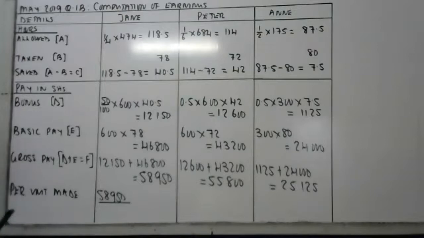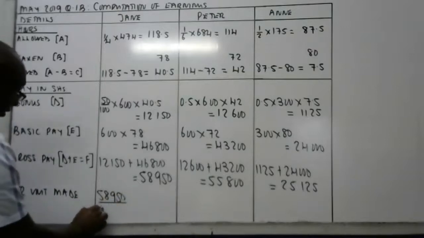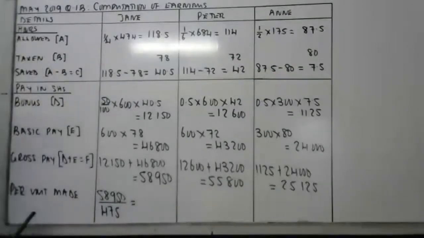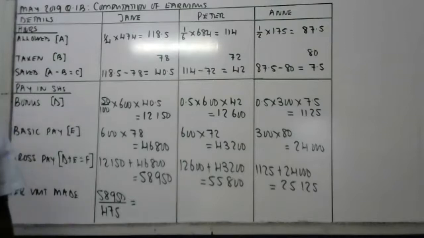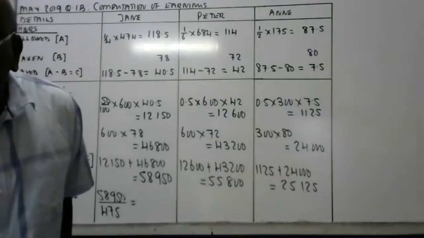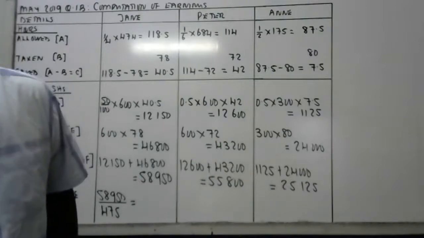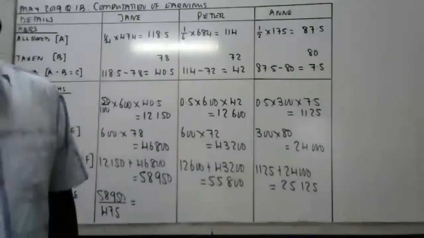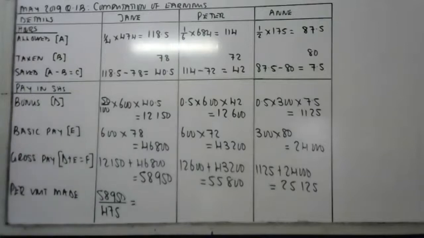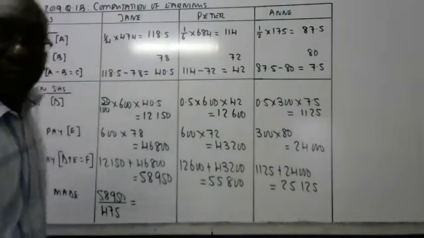Oh, it is per unit made, not per good unit, so we will not subtract, because the question says wage cost per unit made. So that is 124.37.